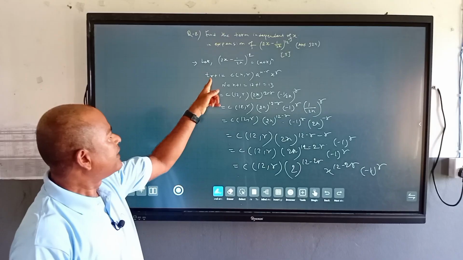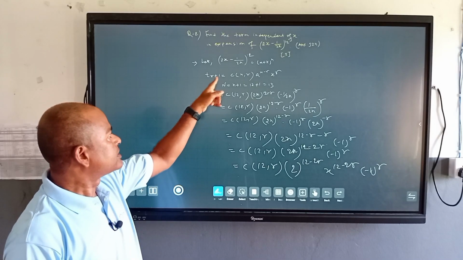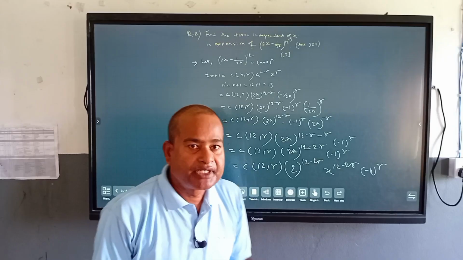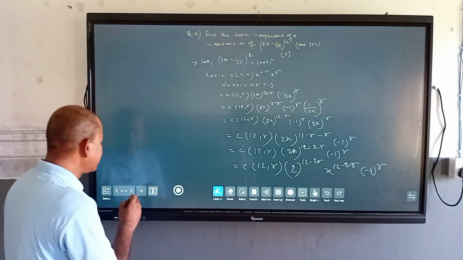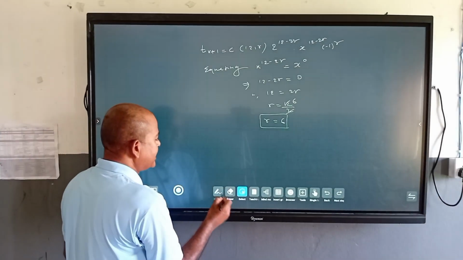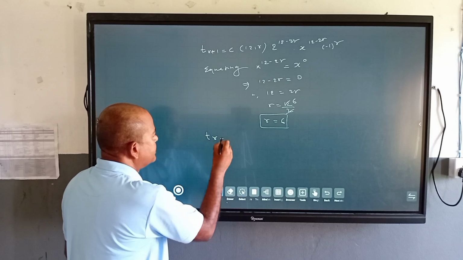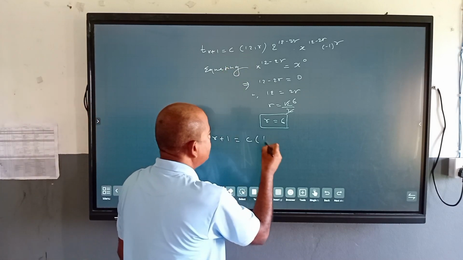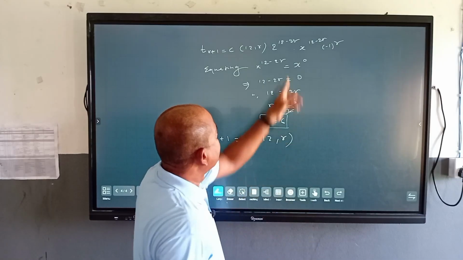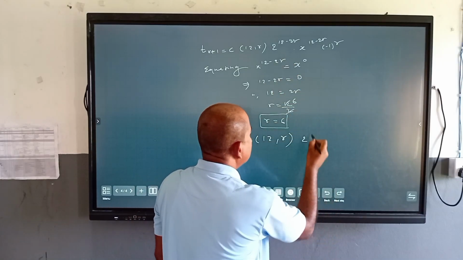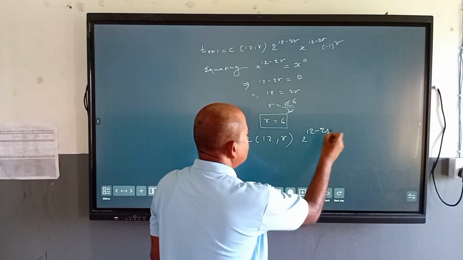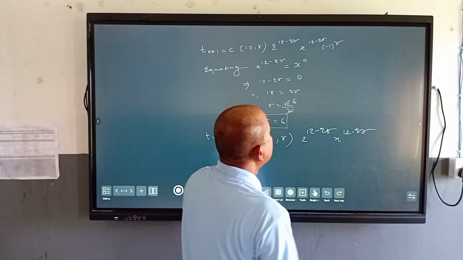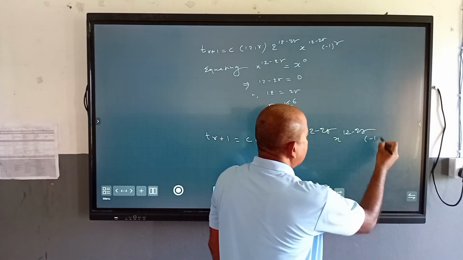So by putting the value of r equals 6, that means 6 plus 1, 7, T7 will be the term independent of x. So let's find out the 7th term. We have t r plus 1 equals C 12 comma r, 2 power 12 minus 2r, x power 12 minus 2r, and minus 1 power r.